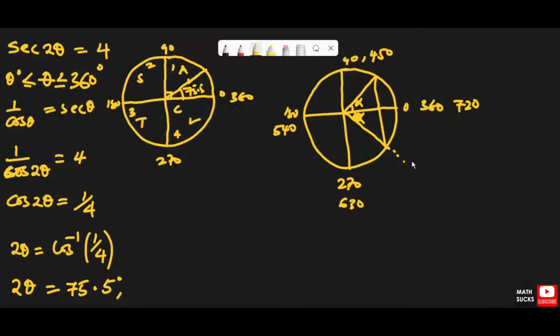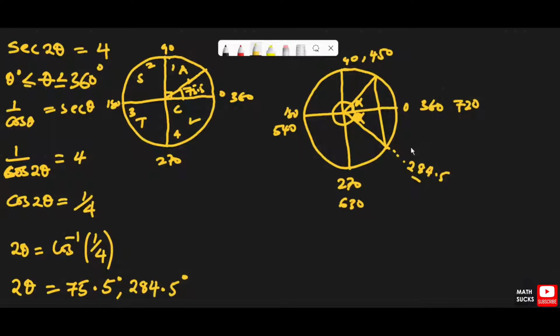So that is 360 take off 75.5, and that gives us 284.5. So this is our second possible angle, 284.5 degrees. That is to say, if I rotate from here, our second angle is that.